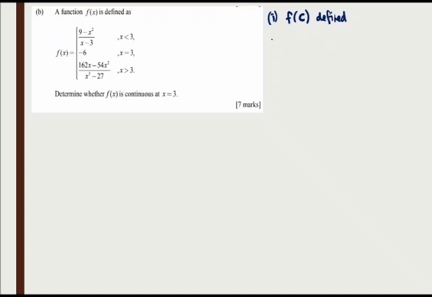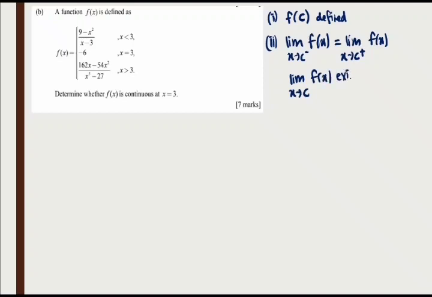Second, the limit of f(x) as x approaches c from the left must be equal to the limit as x approaches c from the right, so that the limit of f(x) as x approaches c exists. The third condition is that f(c) must have the same value as the limit of f(x) as x approaches c. So these are the three conditions that we need to check.